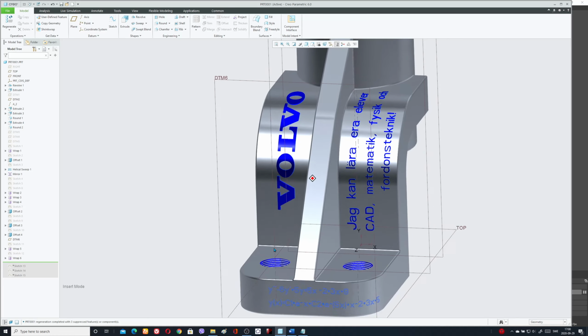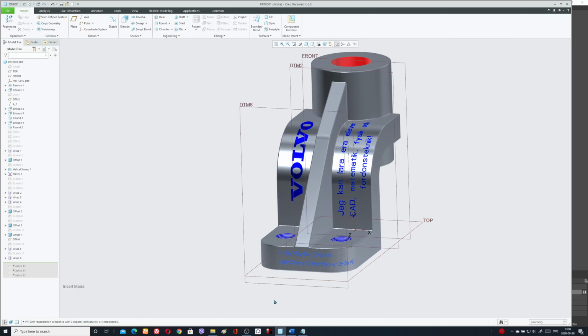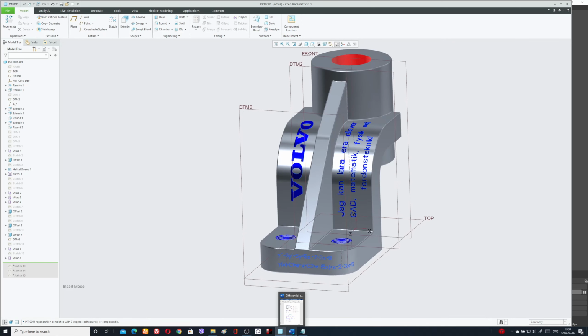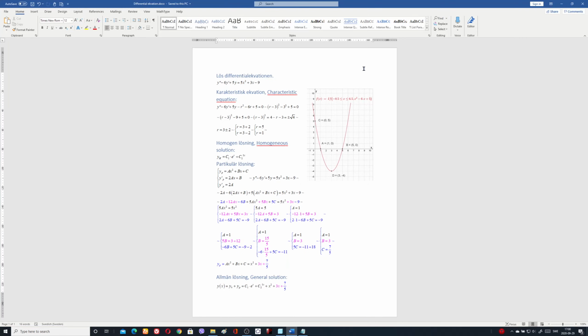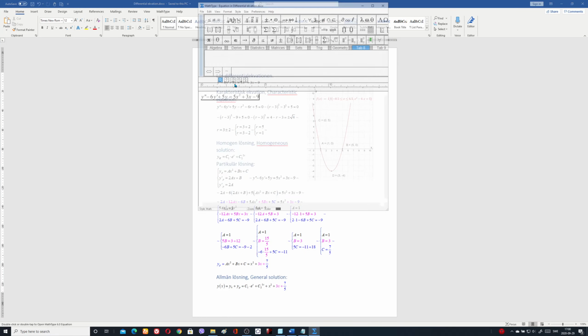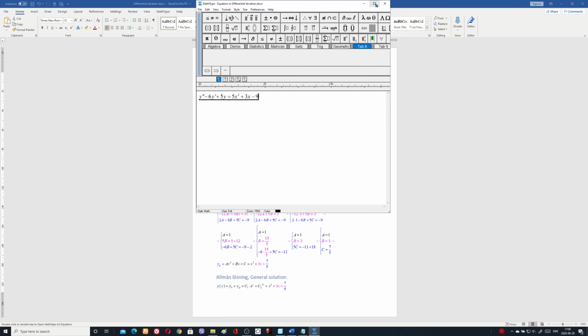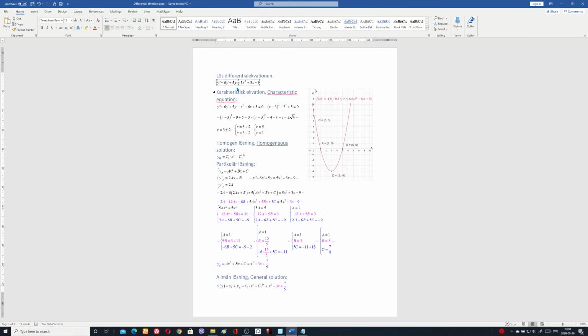So now when I'm here, let me tell you this differential equation, how I did that. So I'm using MathType, which is a very good program. This look like here.